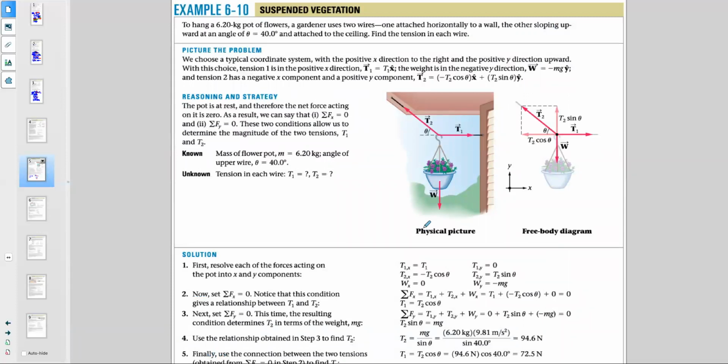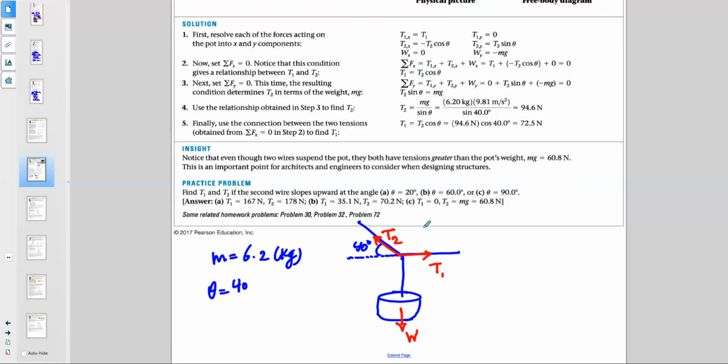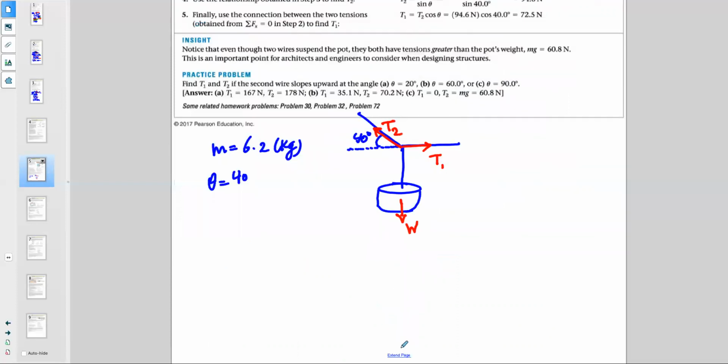Find the tension in each wire. That's what we were looking for. If it is staying stationary, that means it does not move, and at this point it is in equilibrium. In other words, all the forces along the x direction should cancel out, and all the forces along the y direction should cancel out.